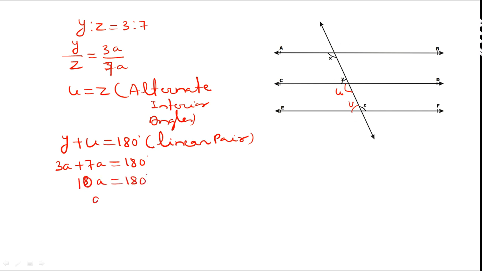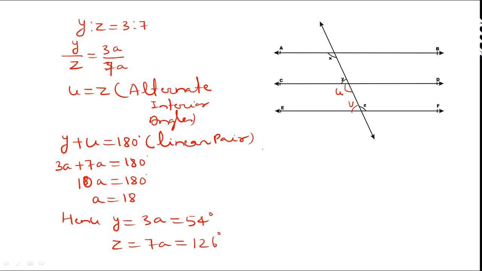So the value of a is 18. Hence y is equal to 3a, that is 3 times 18, 54 degrees. And z is equal to 7 times a, that is 126 degrees.